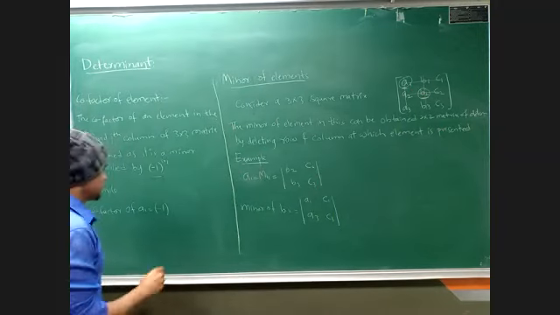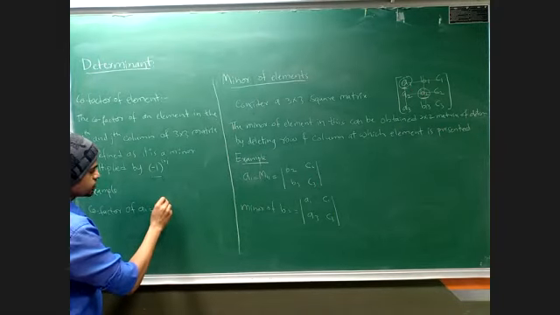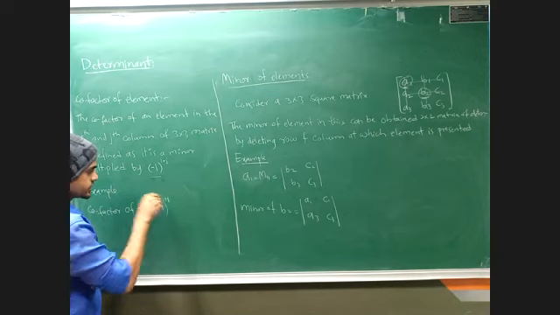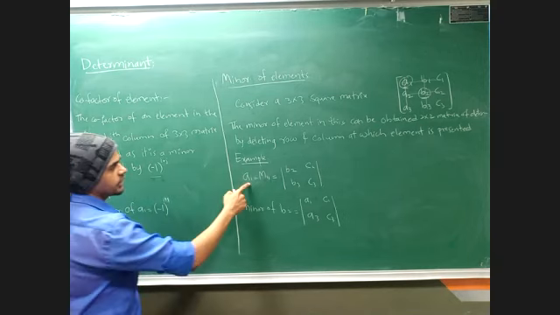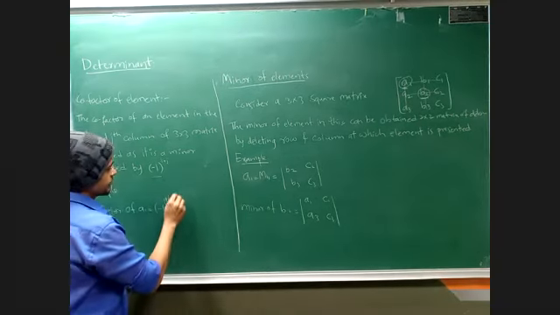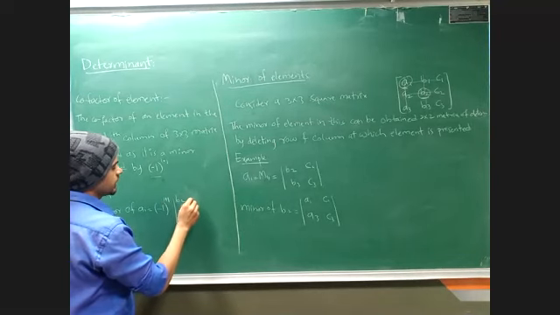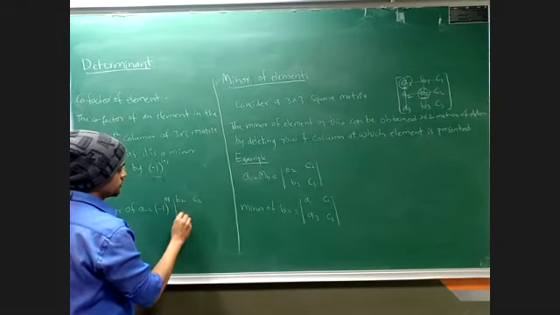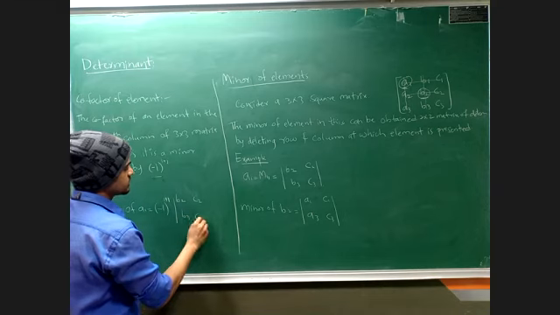Here the respective row and column are 1 and 1, so the row is 1 and the column is 1, and the minor of A1 is nothing but B2, C2, B3, C3.